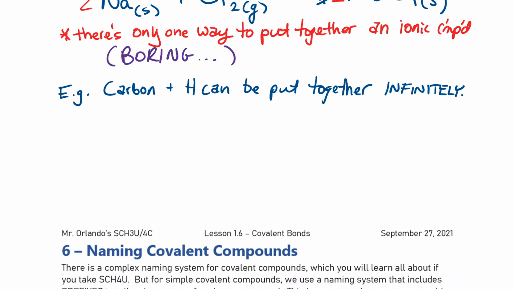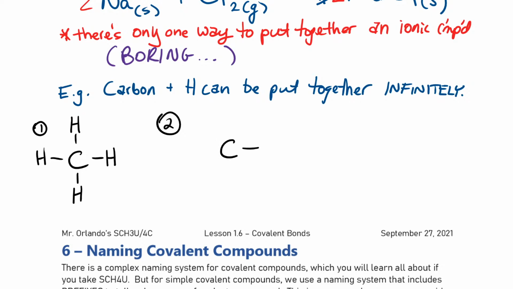So I could get, in the first example, carbon, and it wants to make 4 bonds, and hydrogen makes 1 bond. So that is one way to put carbon and hydrogen together. Perfectly reasonable. But I could also choose to put this carbon here and give it a double bond to another carbon. And then that carbon would make another double bond to this carbon, and then hydrogen's there, hydrogen there, hydrogen there, hydrogen there.